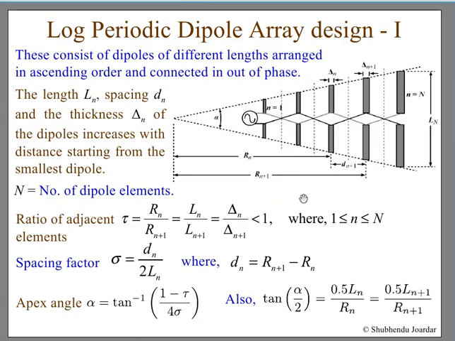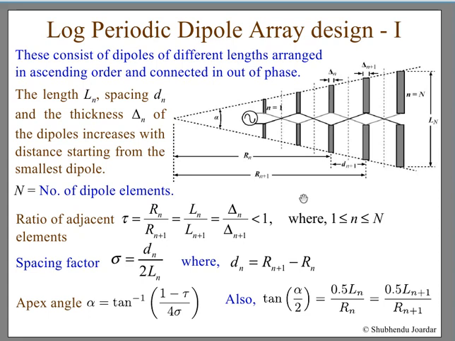Okay, so here we go to the design of log periodic antennas. A log periodic antenna is an ultra-wideband antenna. Now you know the bandwidth of a dipole is very narrow, and if you increase the thickness of the dipole to some extent, you will get an increase in the bandwidth.